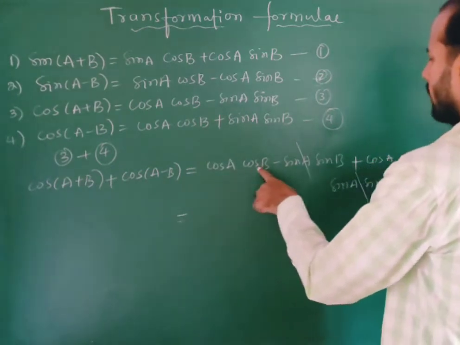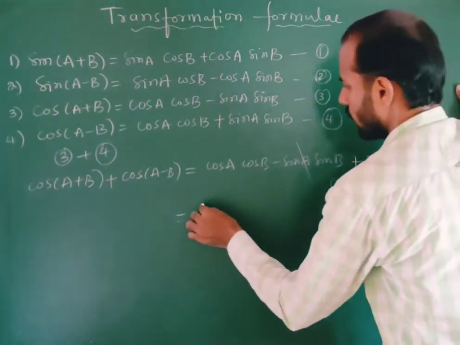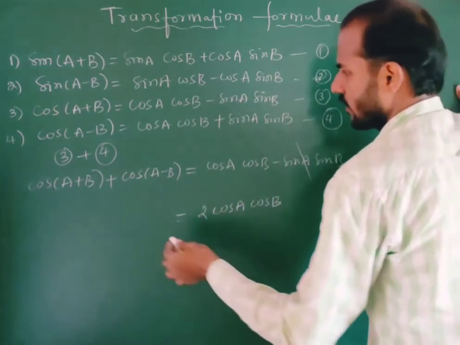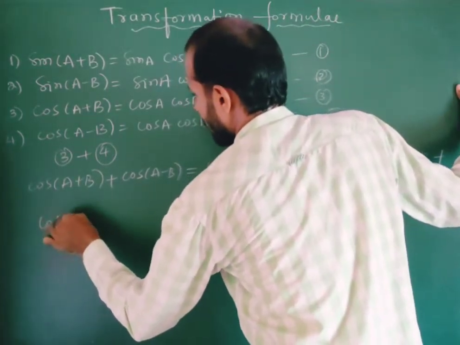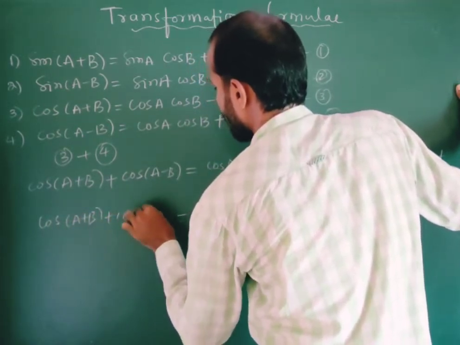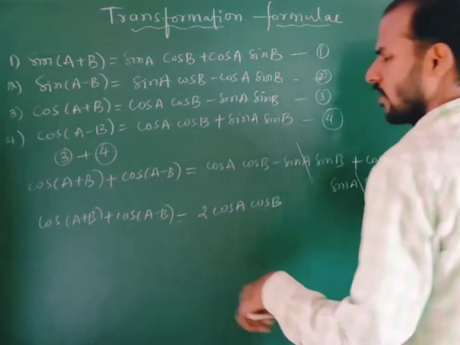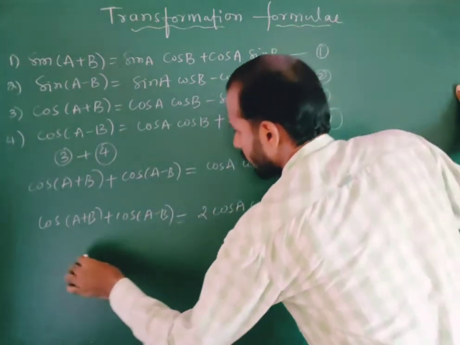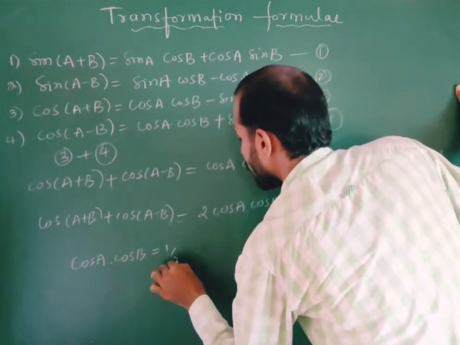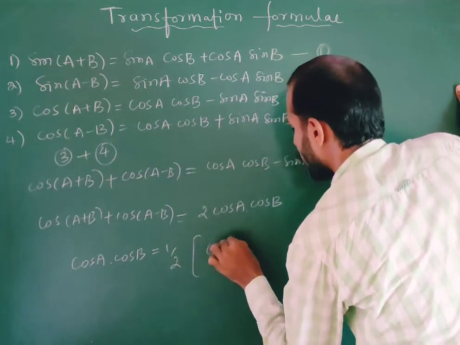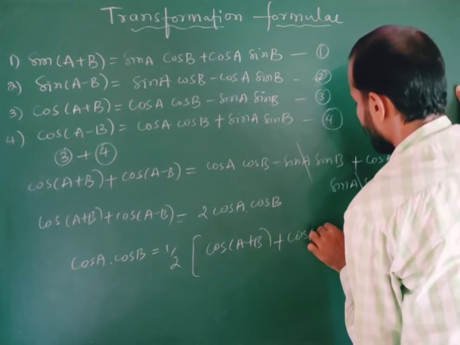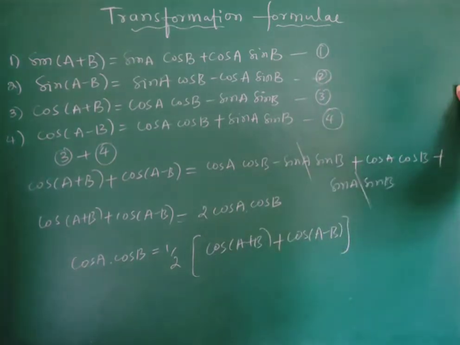Remaining cos A cos B plus cos A cos B, 2 times cos A cos B. LHS as it is, cos(A plus B) plus cos(A minus B). Now taking 2 to the LHS again, what we get? cos A into cos B equals 1 by 2 [cos(A plus B) plus cos(A minus B)], is the required formula.